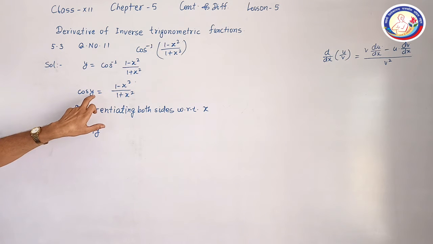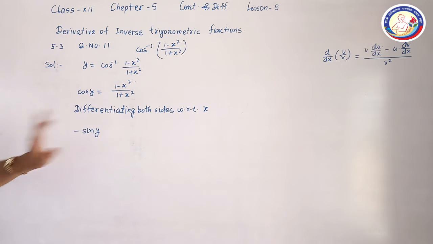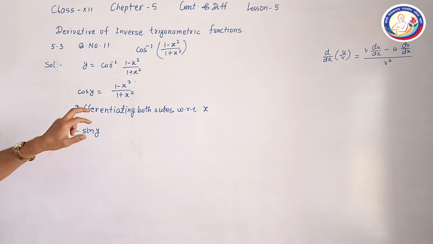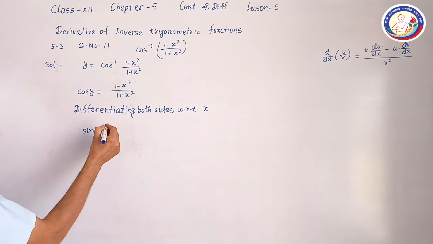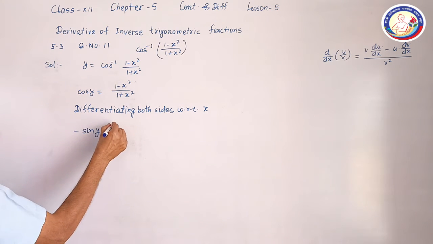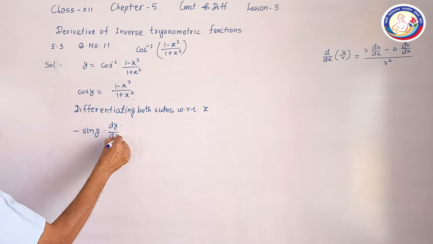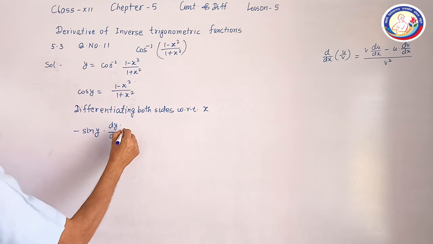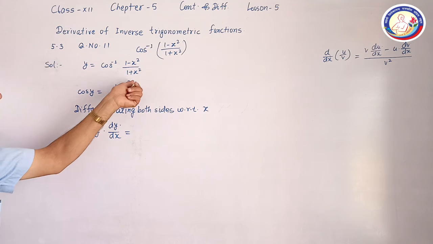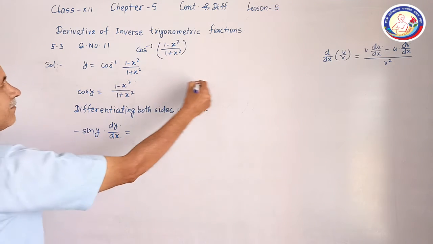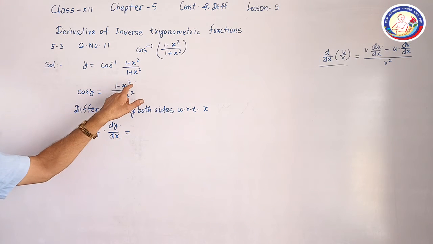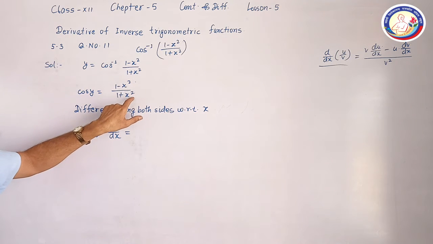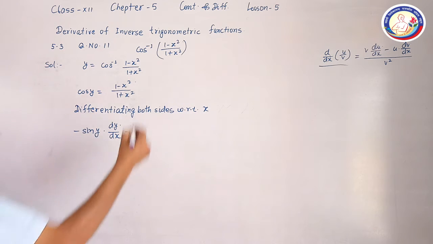Now differentiate y with respect to x. First differentiate cos y with respect to y, and then y with respect to x. So we will have dy by dx. And here, using the u by v formula, we may call this function u and this function as v.